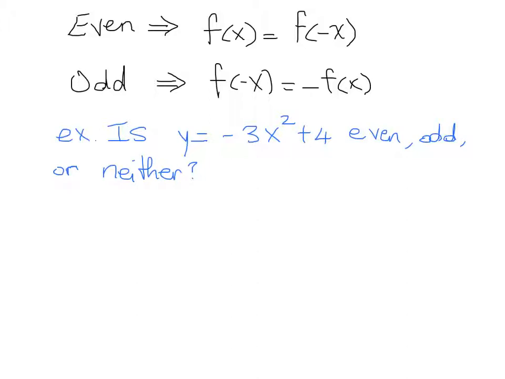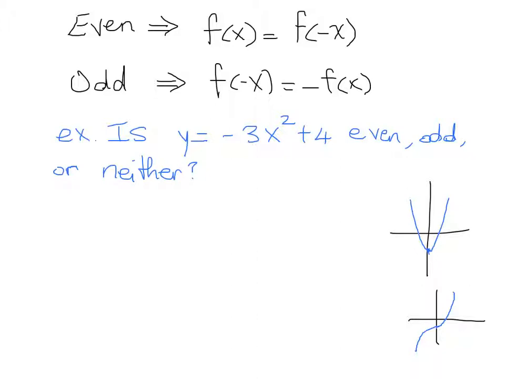If the y-axis is kind of like, so let's sketch this out actually. If the y-axis is a perfect mirror, so if it looks kind of like this, perfectly mirrored, well, that's my attempt at perfectly mirrored. If it looks like that, then it's going to be even. If instead, when it hits the y-axis, it does something like that and does a mirror but upside down, then it's odd.